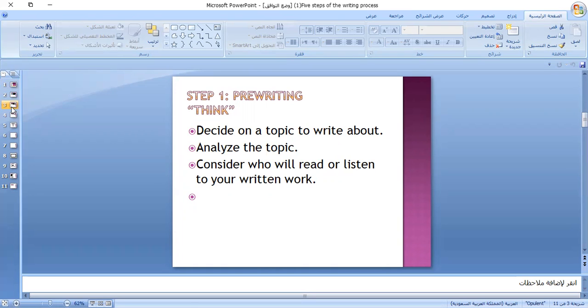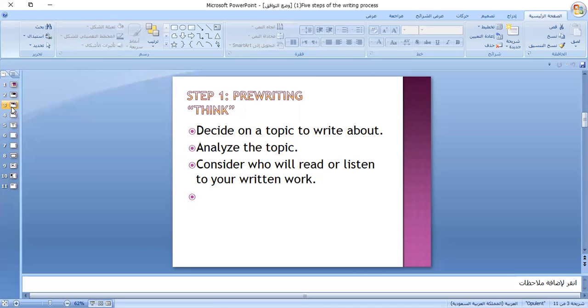Then after agreeing with colleagues, or with the class, or with yourself alone, you decide to have a certain topic. You have to analyze that topic. What do we mean by analyzing the topic? It means that you shed light on that topic. When I say pollution, I start thinking, what do you mean by pollution? What are the types of pollution?